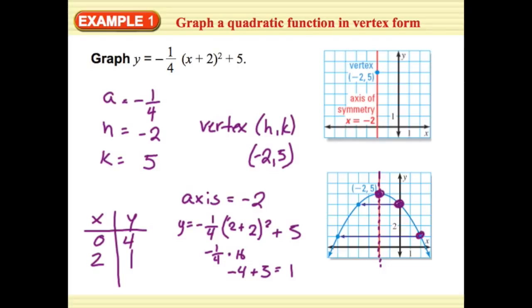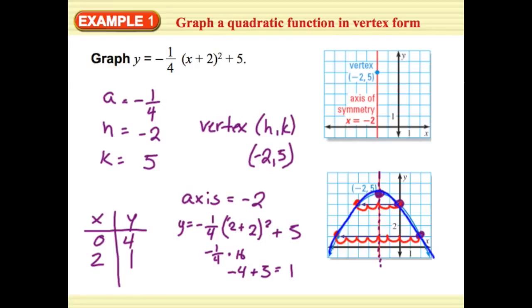Now I reflect over the axis of symmetry just like I used to with my standard form. So I go 1, 2 spaces to my axis of symmetry, 1, 2 spaces out to my new coordinate, 1, 2, 3, 4 spaces to my axis of symmetry. So I repeat out to my new coordinate. And I can go ahead, connect those 5 coordinate points, and come up with a really nice parabola.